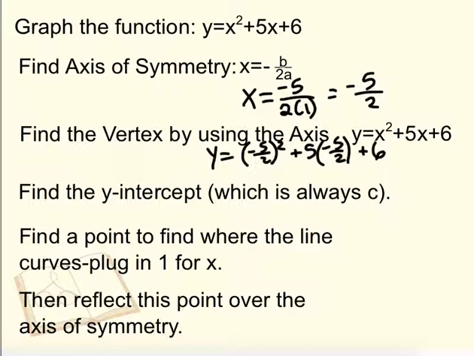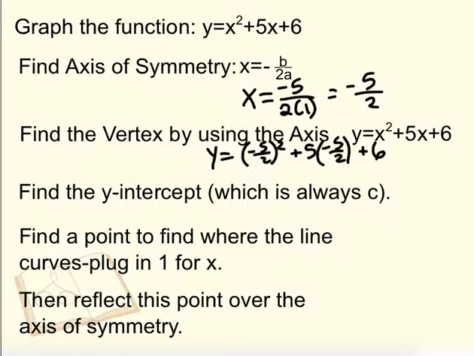Now, for this, you can definitely use common denominators and do this. If you are allowed by your teacher, you can also plug it into your calculator by saying negative 2.5 squared plus 5 times negative 2.5 and then plus 6, which means, let's see, oh, I didn't plug it into my calculator correctly.